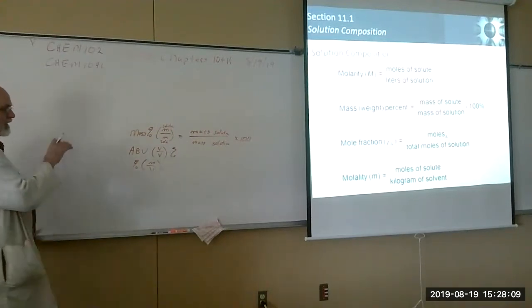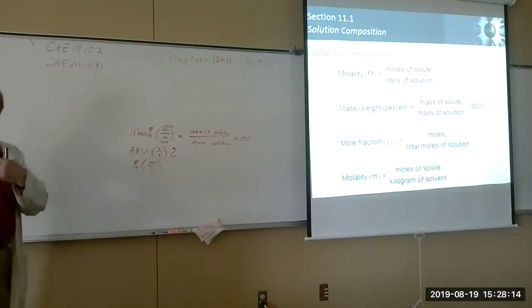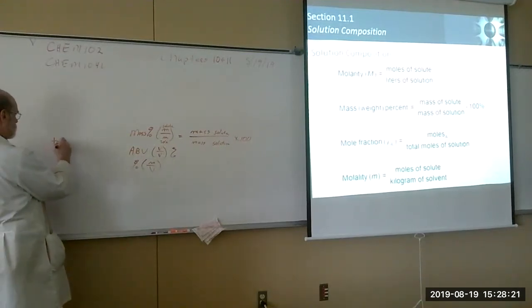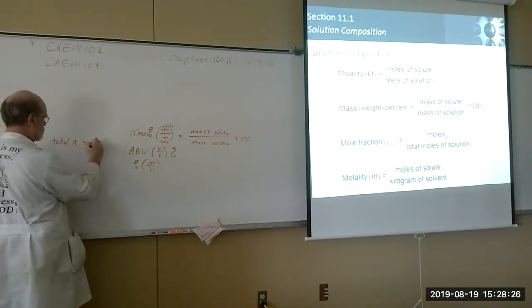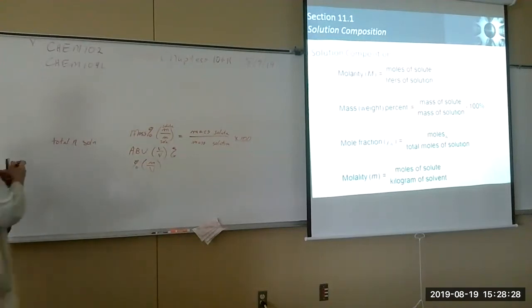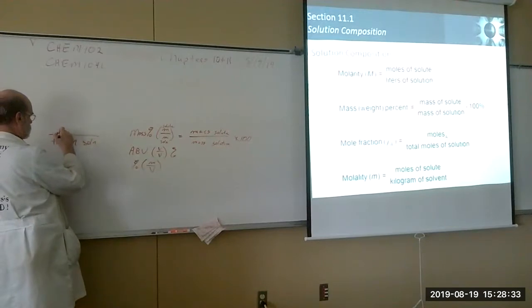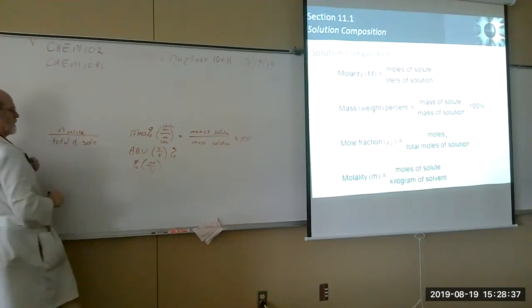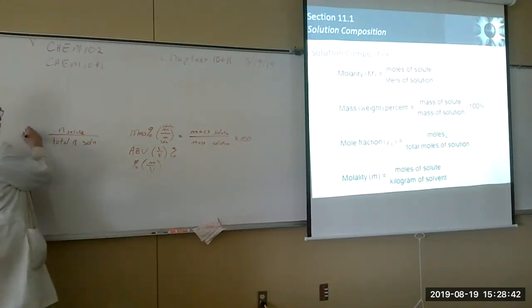So if you have A and B mixed together, if you have solute in your solvent, you know the total moles of solution, then the moles of solute on top and the total moles on bottom gives you a fraction.